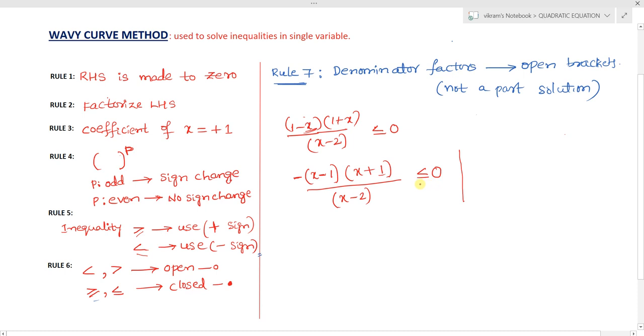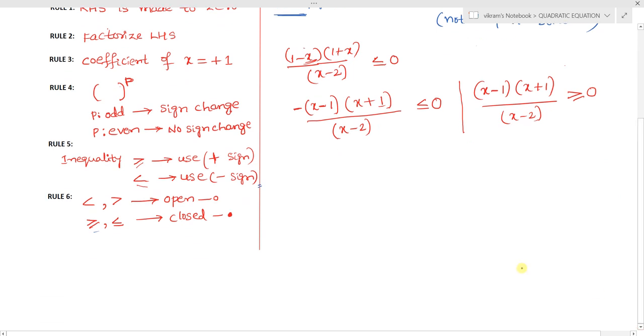Here we have less than or equal to, so it will become greater than or equal to. Then we can write this as (x minus 1)(x plus 1) by (x minus 2) greater than or equal to 0.